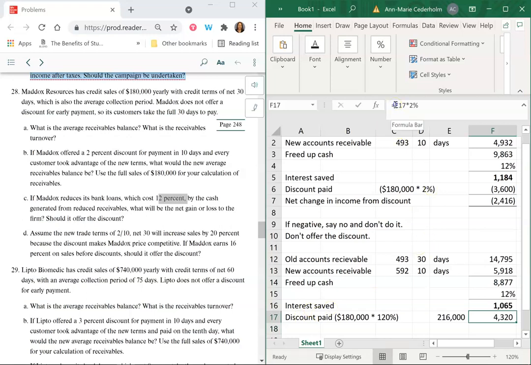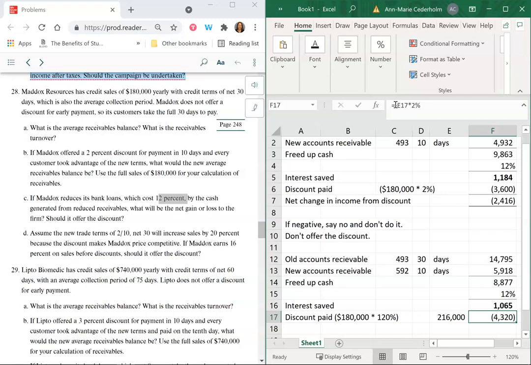So I'm not going to collect $4,320 of my outstanding receivables because I'm giving my customers that discount for paying me early. So right now, it still looks like it's going to be a no.